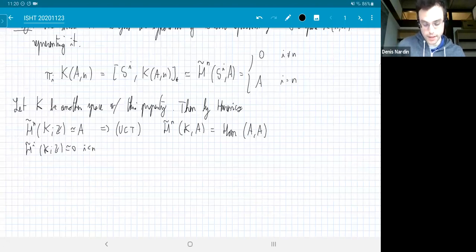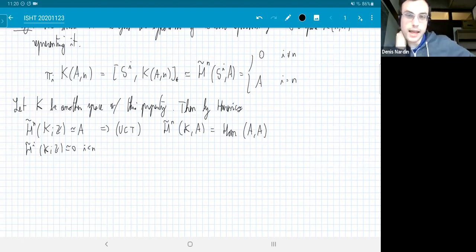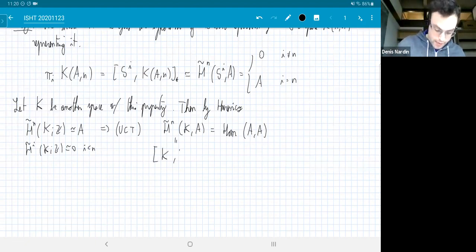Because if you remember, H tilde n KA is given by a Hom term and an Ext term, and the Ext term vanishes, so it's Hom. And now this is maps from K to KA, n.